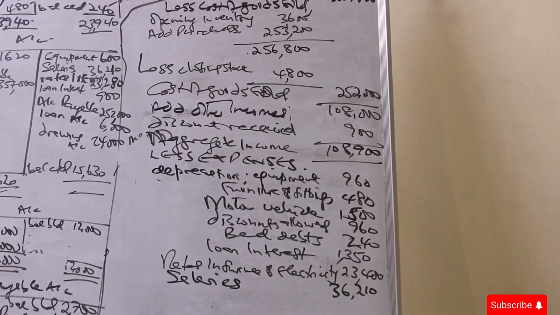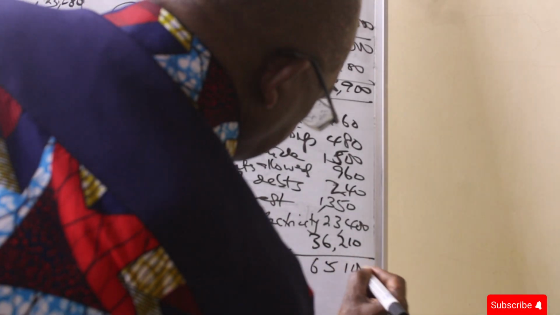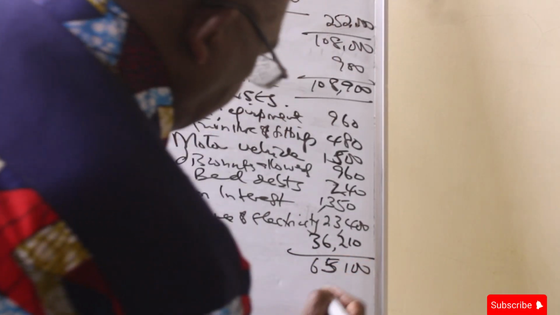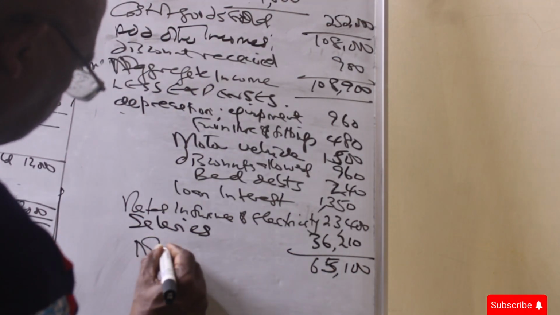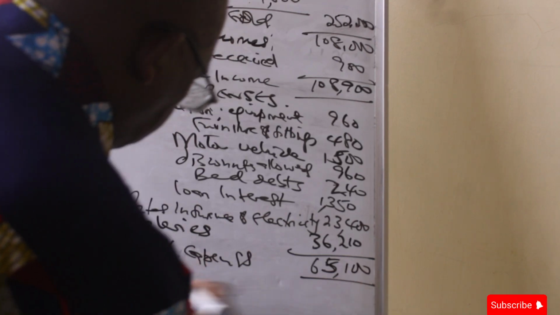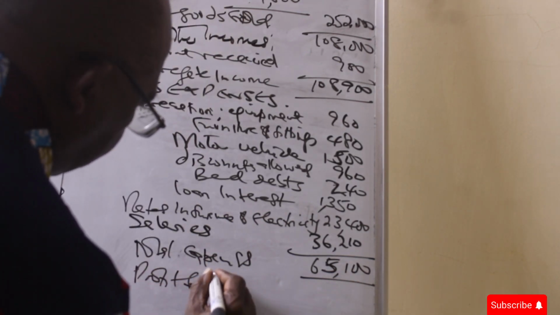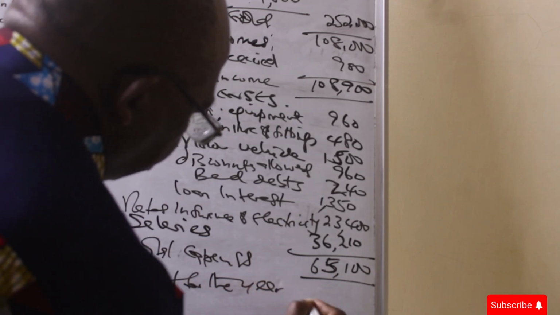We get 65,100. We say total expenses. So we get profit for the year.